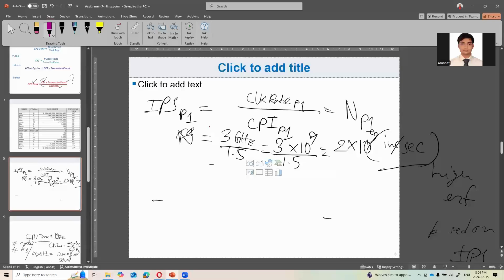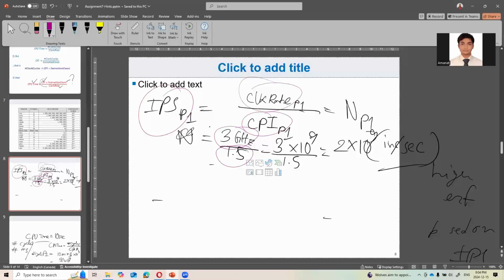Now, here you can see IPS equals the formula we got from our cheat sheet or reference sheet, which is clock rate divided by CPI. The clock rate given in the question is 3 gigahertz and the CPI given in the question is 1.5.